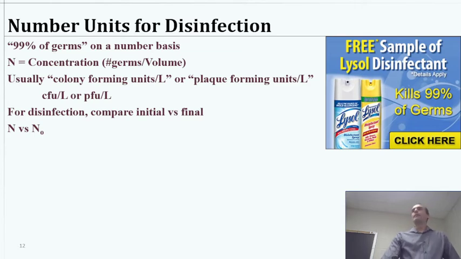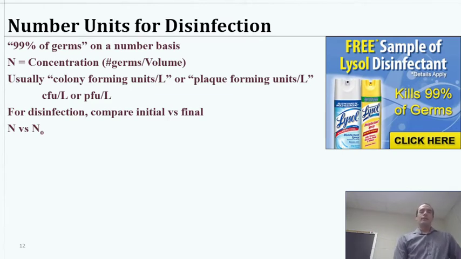Really what that's saying is it's been shown, based on a given pathogen or surrogate organism that they're testing, that they were able to reduce the number of that particular bacteria or that particular virus by a factor of 99%, right? So 100 times smaller.